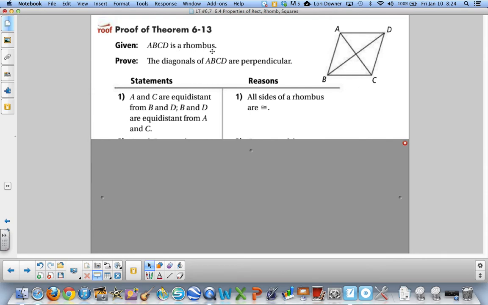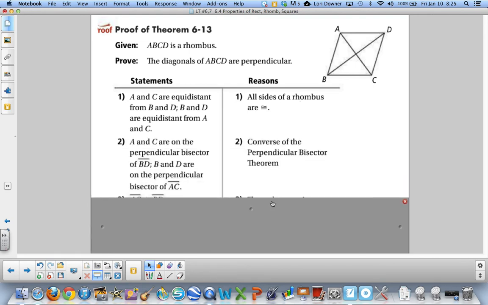Now I know that because it's a rhombus, all the sides are congruent. So I know that B is the same distance away from A that D is. And I know C is the same distance from D as C is from B. And that's because all sides of a rhombus are congruent. Knowing that tells me that AC is on the perpendicular bisector of BD.